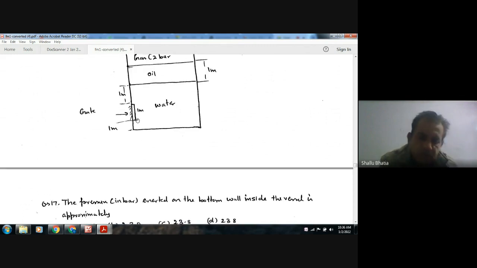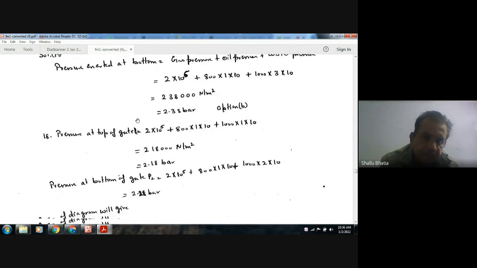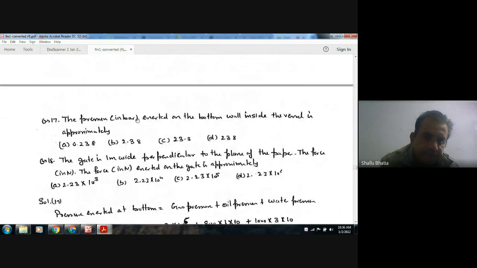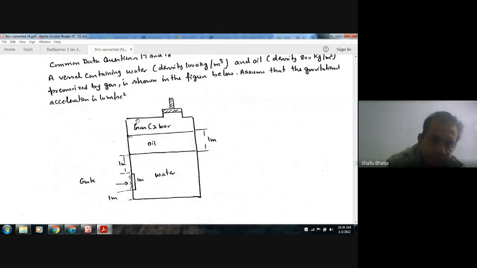Okay. So the total pressure at the bottom will be the summation of the pressure exerted by the gas, oil, and water. That is 2 bar, and the head for oil is 1 meter, density is 800.